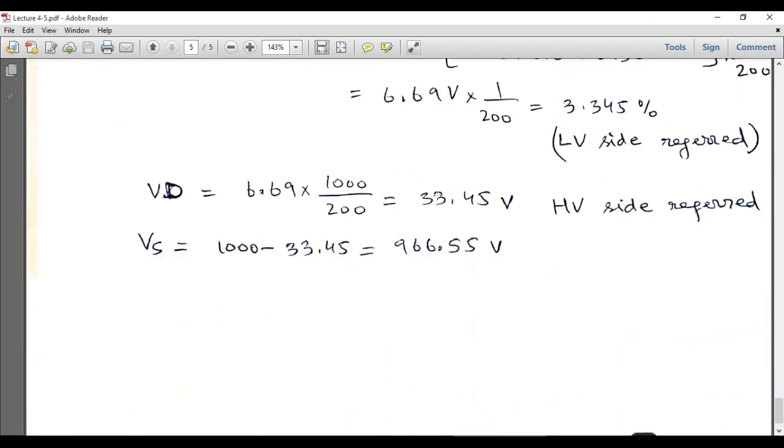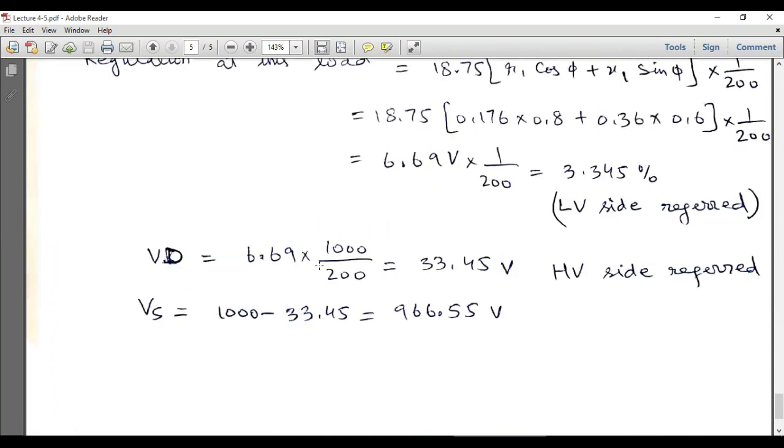So 1000 minus 33.45 volts is equal to 966.55 volts, which is the secondary voltage, and it is slightly smaller than 1000 volts, corresponding to the voltage regulation. So voltage regulation is the same. Either you calculate the voltage regulation at the low voltage side or at the high voltage side, the voltage regulation is always the same.